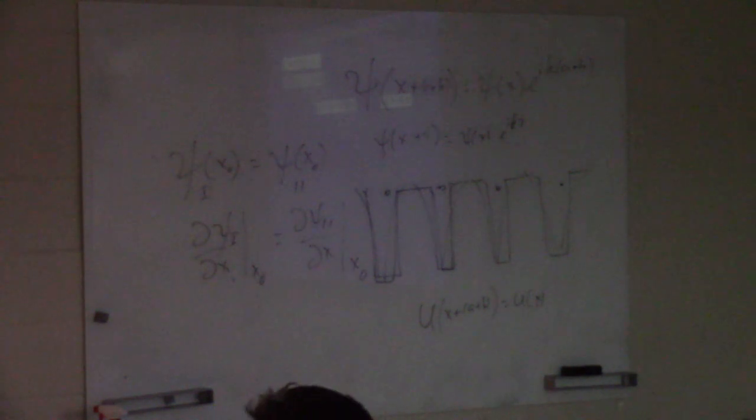Now we have to do it for x equals a, right? This we did at x equals 0. So our wave function was something like this, right? This is 0, this is minus b, this is a. This is psi 1, this is psi 2.